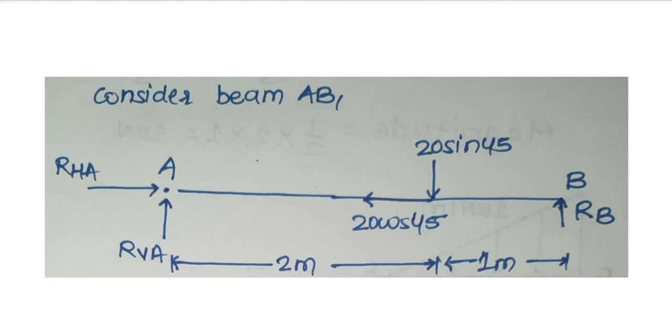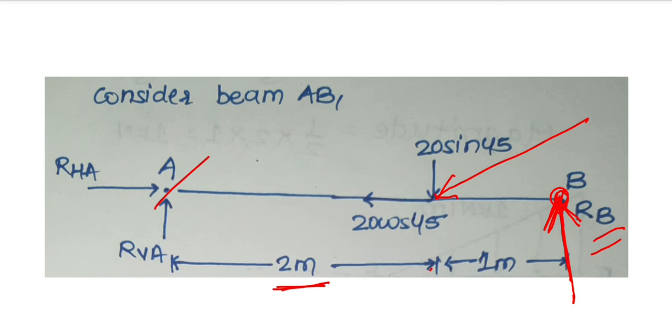At point B there is a roller support, so a reaction RB acts on point B in the vertically upward direction. At a distance of 2 meters from point A and 1 meter from point B, there is a 20 kilonewton force acting at 45 degrees to this beam.